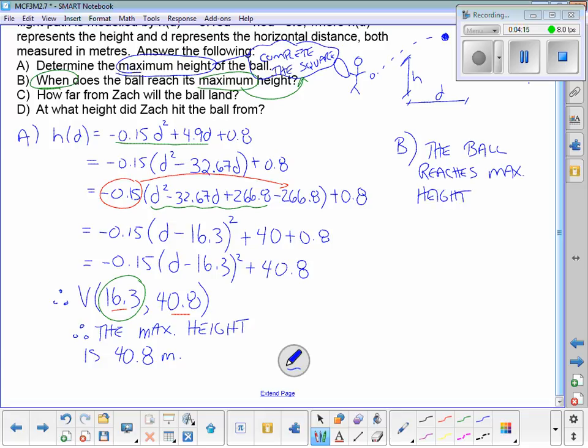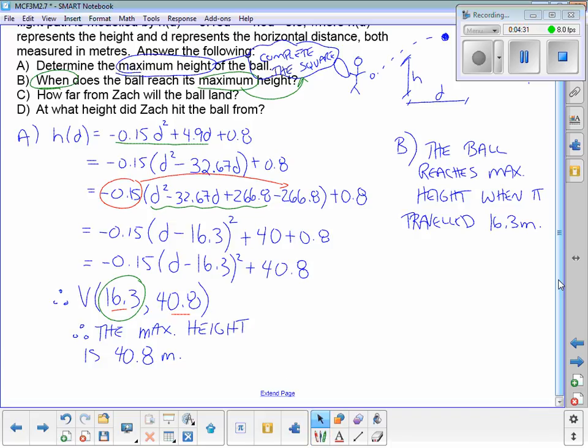And remember, we're measuring how far it traveled. When it traveled 16.3 meters. Okay, so there is your B part.